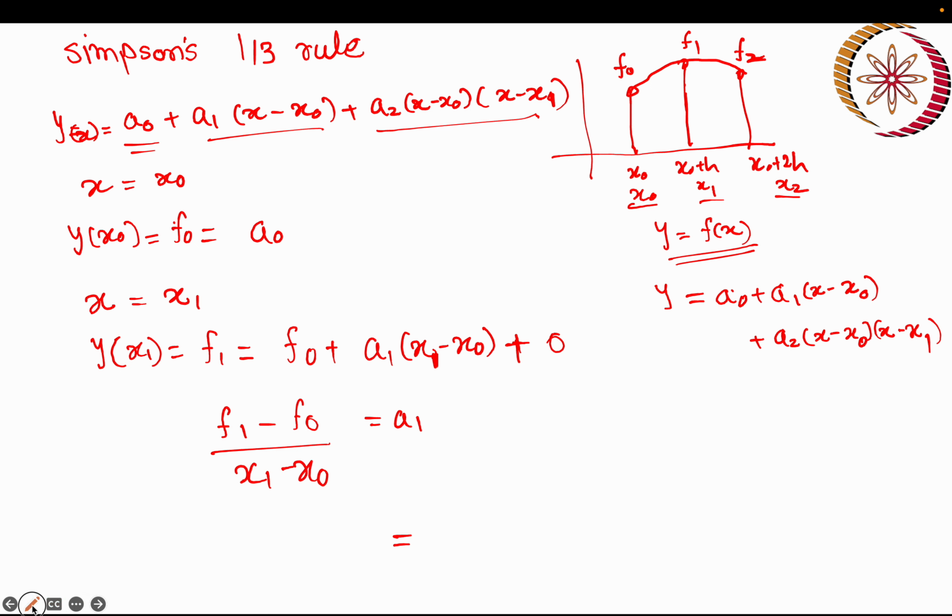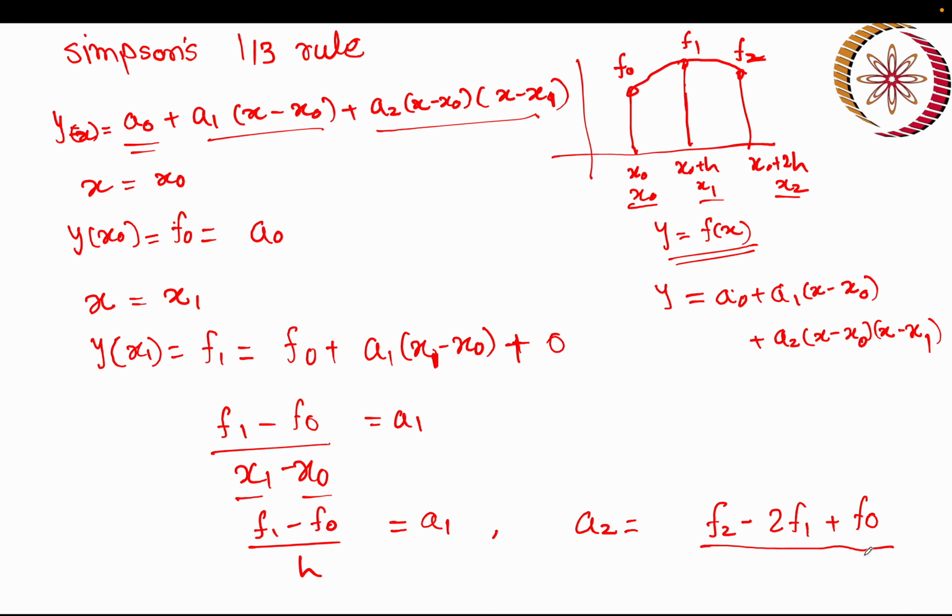The difference is fixed: x1 minus x0 is h, so a1 is f1 minus f0 by h, and a2 is f2 minus 2f1 plus f0 by 2h square.